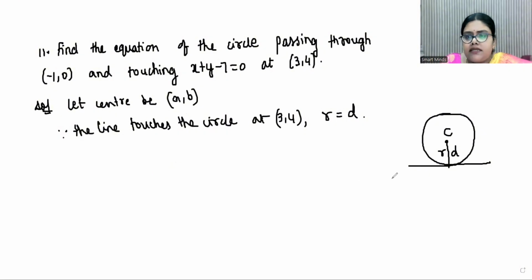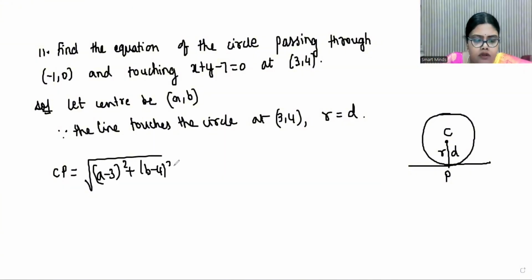Now what is the distance between, suppose, C and P? So CP is equal to under root a minus 3 whole square plus b minus 4 whole square. This is nothing but the radius.